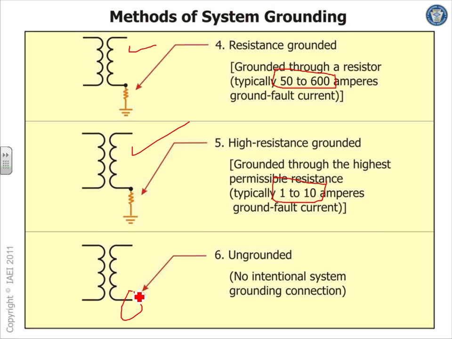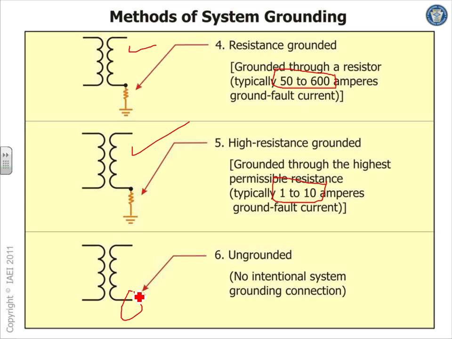Any comments, guys, about solidly grounded system, impedance grounded system, and ungrounded system? As I said, 90% of what you're probably dealing with is solidly grounded system. Ungrounded and impedance grounded systems make up maybe 10% of what we deal with.